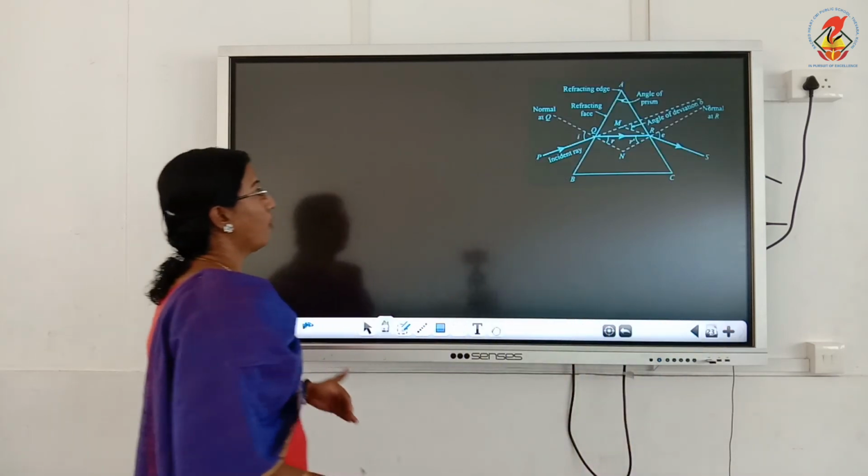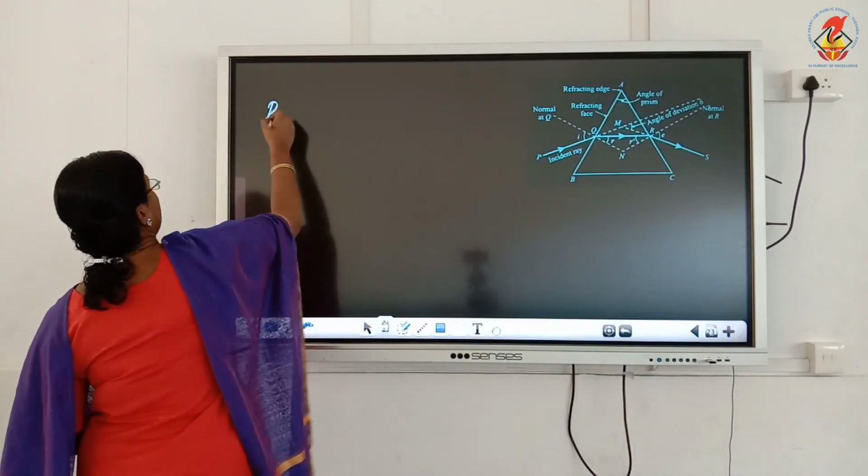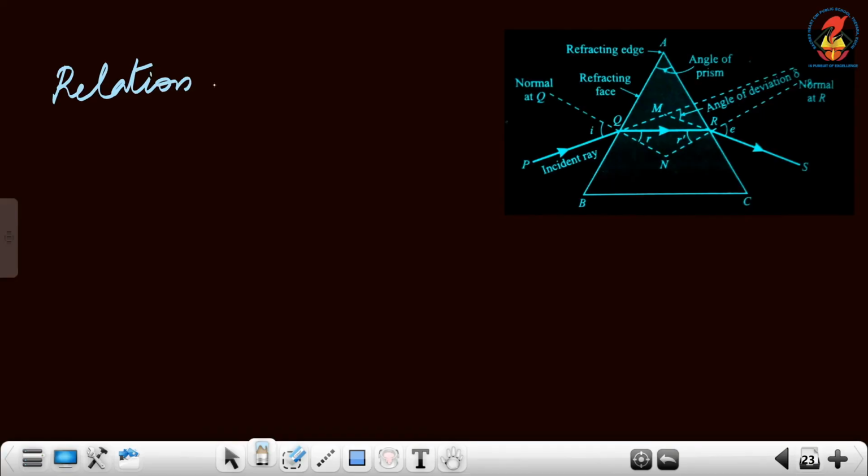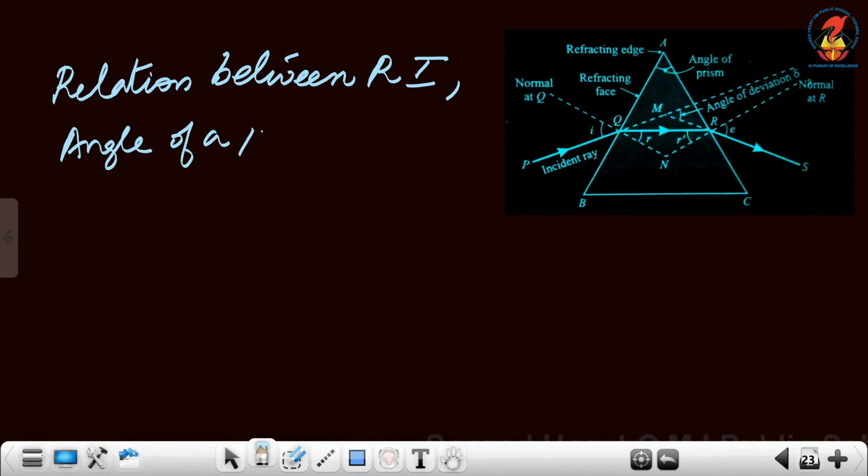Next, we are going to find out the relation between refractive index, angle of a prism, and angle of minimum deviation.